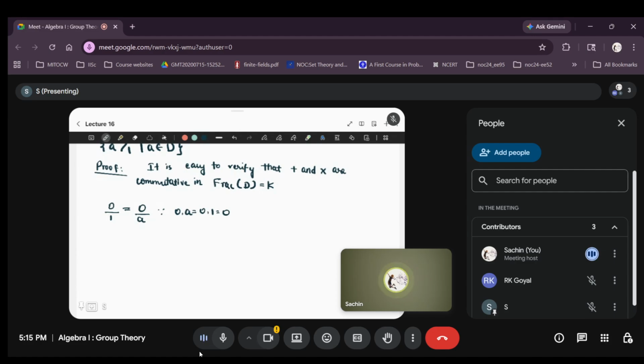So 0 by 1 is the equivalence class. These two are equal because (0, 1) and (0, a) are related. That's what it means. And these two are related because 0 into a is equal to 0 into 1, which is equal to 0. But we'll simplify the notation and simply write that the fractions are equal.